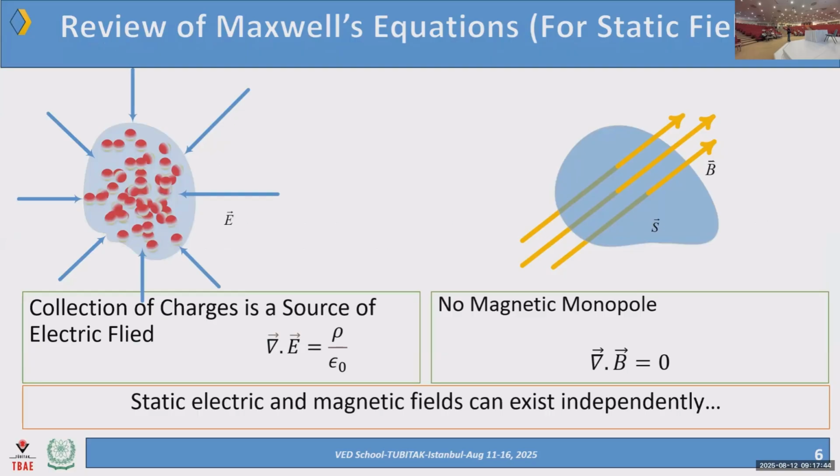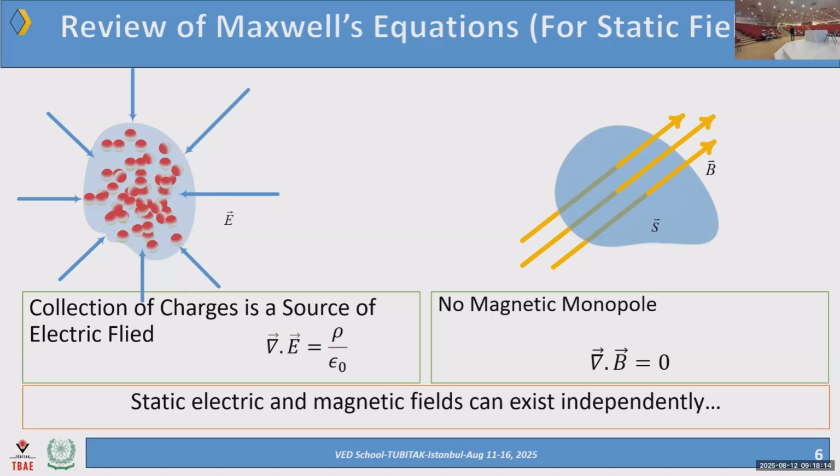So suppose we have a collection of charges, then someone bringing a test charge nearby can smell the electric field coming out, the diverging thing. So it's the first law, the Gauss law, of course. And for example, if you have a surface area and some magnetic flux is going through it, then the net flux should be zero. So there are no monopoles.